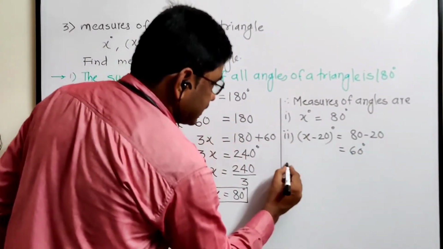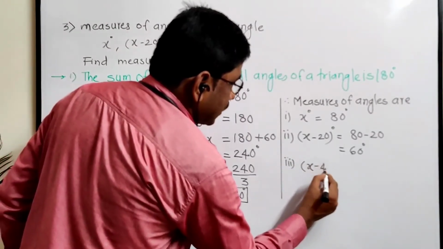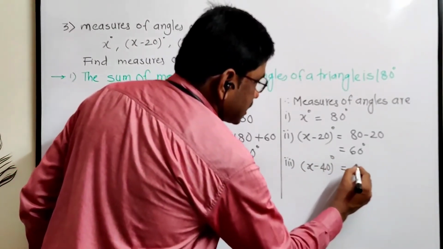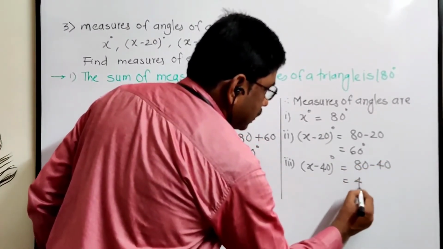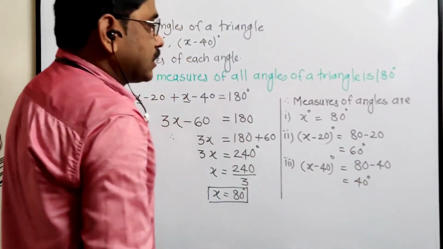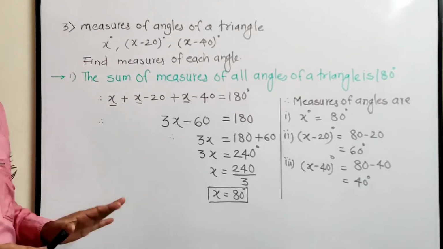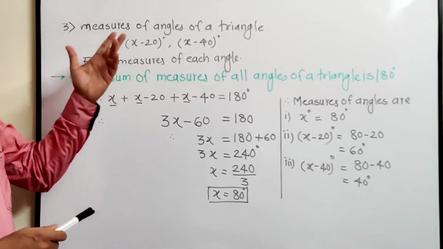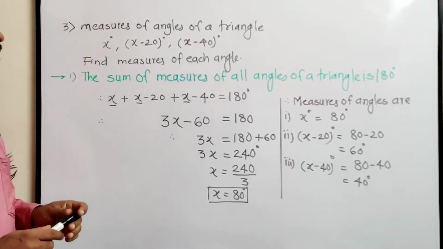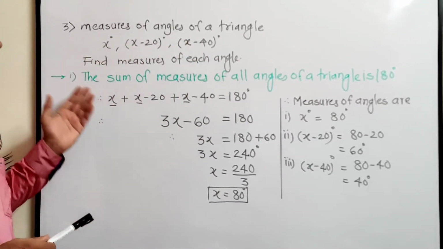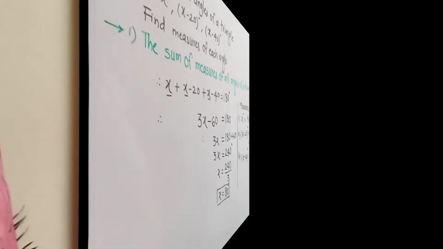So second angle is 60 degrees. Third angle is x minus 40 degree. So substitute x, 80 minus 40 is equal to 40 degrees. Therefore the measures are 80 degrees, 60 degrees and 40 degrees. So in this way we can find the measures of angles if they are given in this form, x minus 20, x minus 40. Here we use the property that the sum of measures of all angles is 180 degrees.